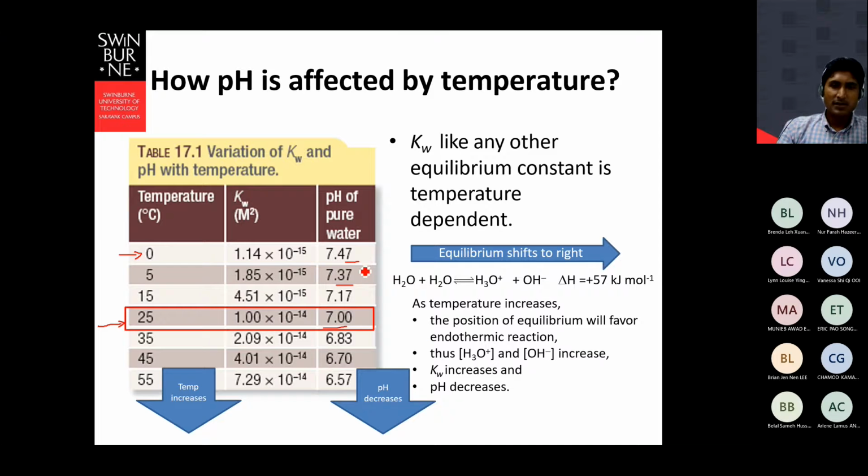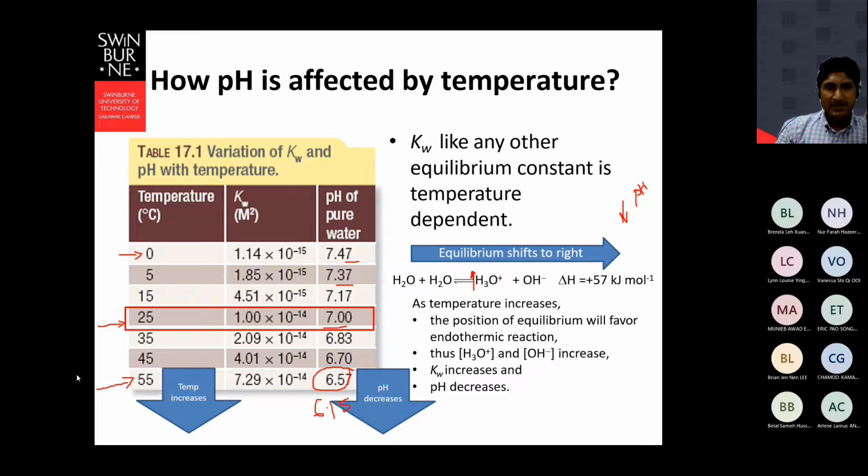The pH will decrease if I have more hydronium ion in the water. At 55 degrees centigrade, the pH of the water is 6.57. At 100 degrees, the pH is 6.15.